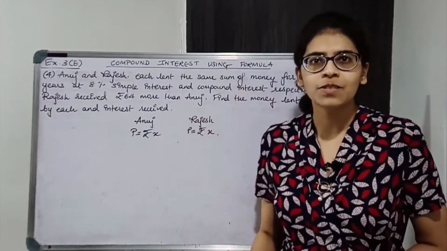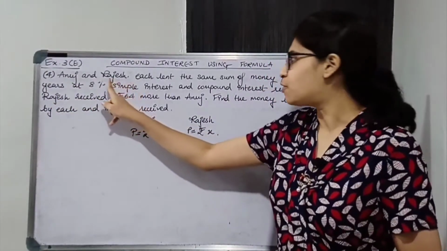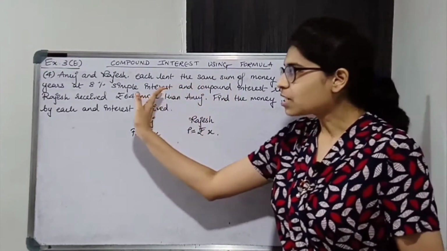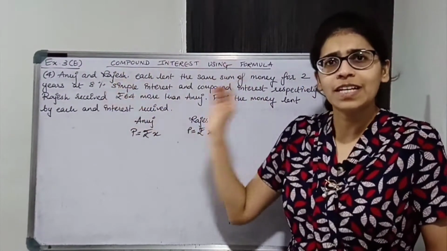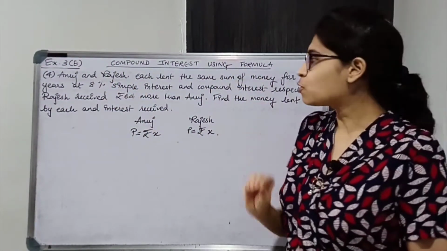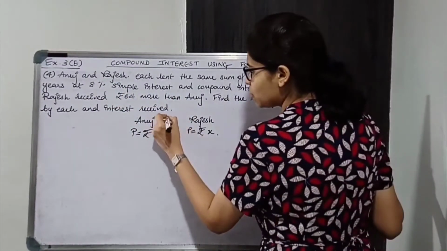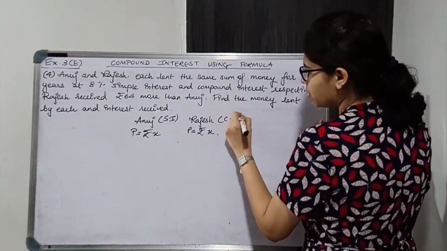The only difference is Anuj has invested at simple interest and Rajesh at compound interest. The first condition applies for the first person and the second for the second one. Always keep that in mind. So Anuj has invested at simple interest, so I'll write down over here simple interest, and Rajesh at compound interest.